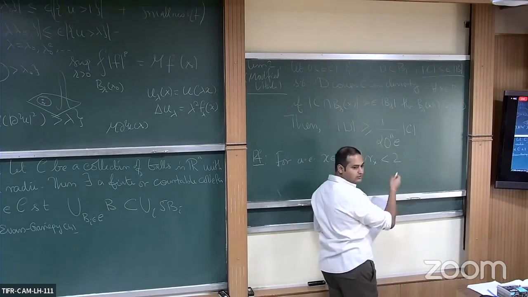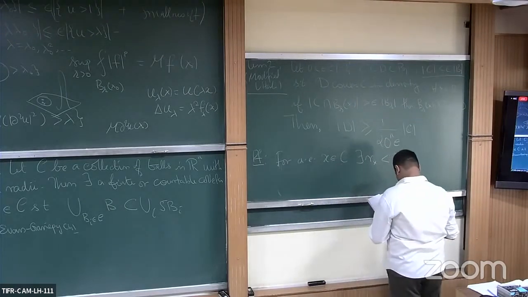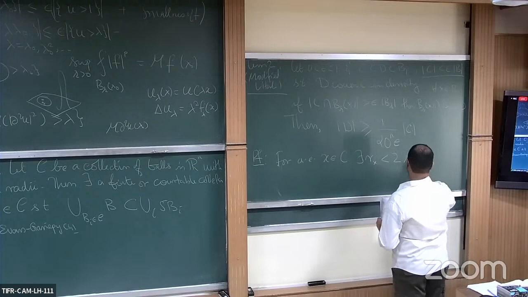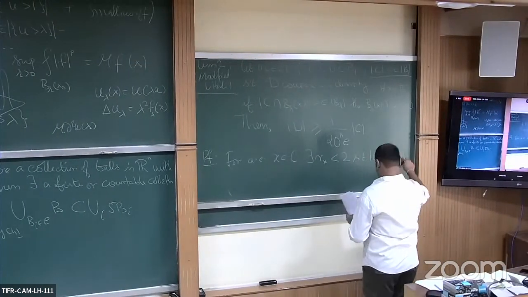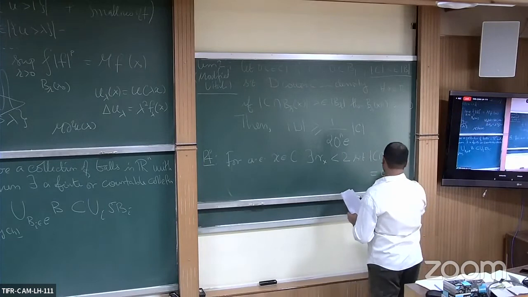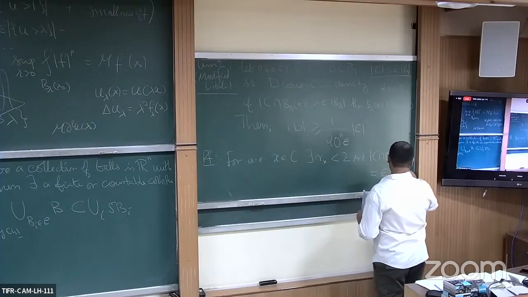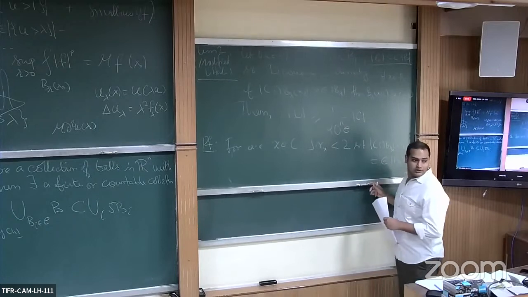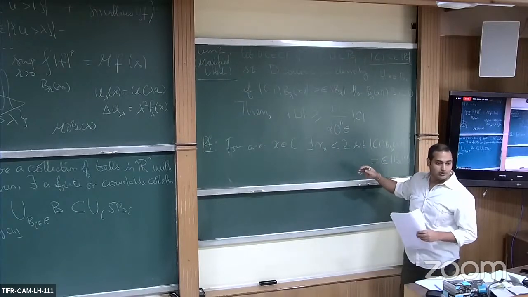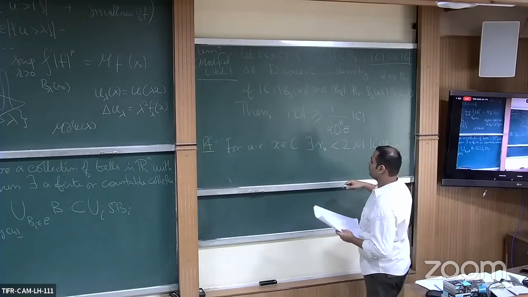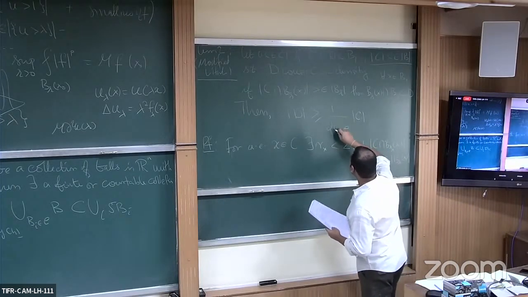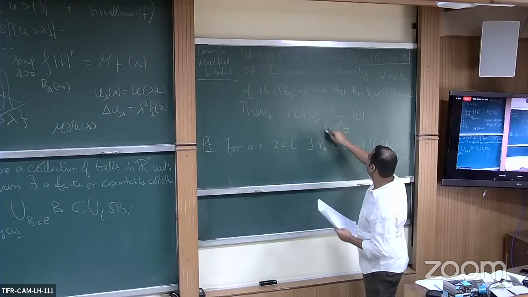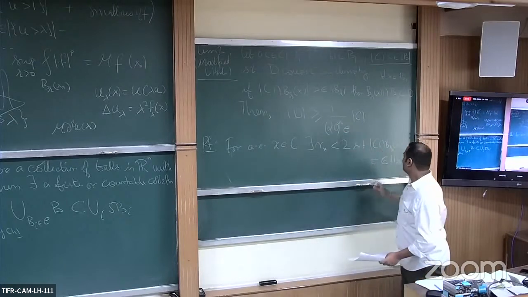These constants 2, 3, 4 don't matter. This is 0, sorry, this is 0. This is 20 to the power n. Is this okay?